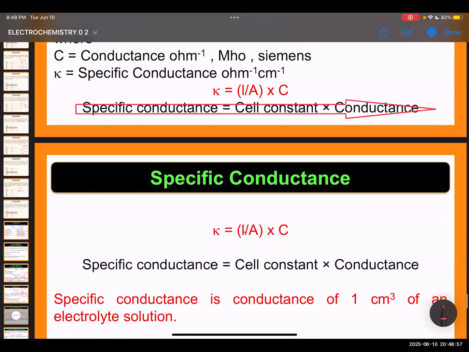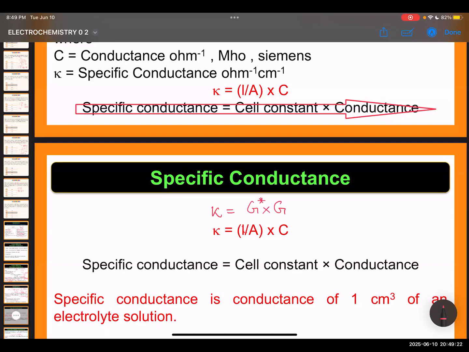Conductance is denoted by G. In NCERT, they are using G, and cell constant is denoted by G star.